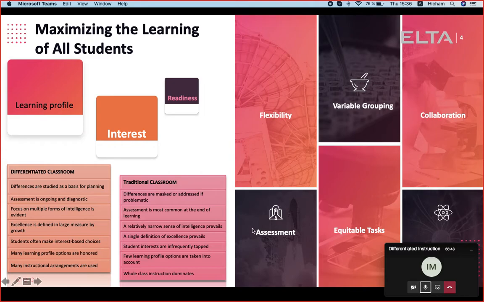Then going to assessment, as you see, that's another important piece of information we need to make sure that we understand before we ever try to maximize the students' needs or the students' learning, or even think to start applying differentiated instruction in our classroom.